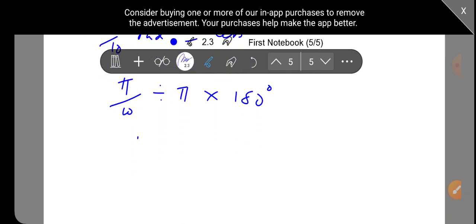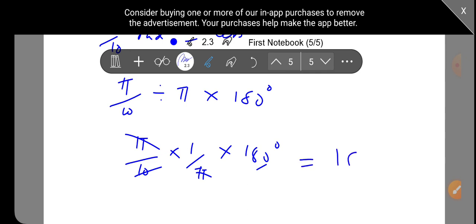This is going to be pi by 10 times 1 over pi times 180 degrees. This cancels that, it gives us 18 degrees.